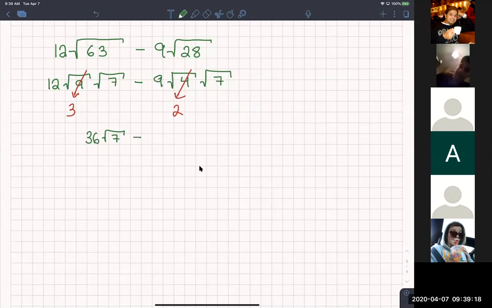And 9 times 2 becomes? 18. Can we subtract these? Yeah. And what do we get? 18 root 7. Yeah. 36 minus 18 is 18. Perfect. Okay, what if I gave you something like this?